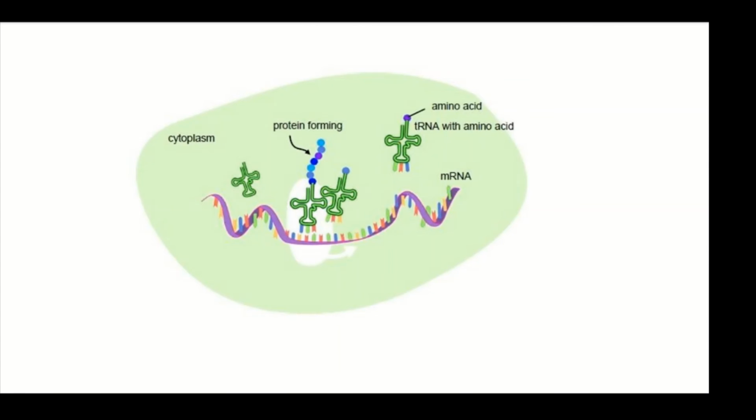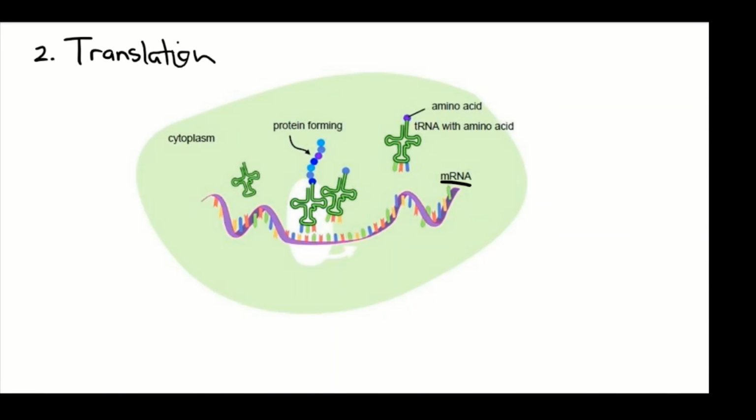So now we're going to focus on the process of translation. So what this means is the message that was carried by the mRNA from the first stage, which was the transcription stage, which was received from the DNA inside the nucleus, that message is taken over to the cytoplasm inside the ribosomes.